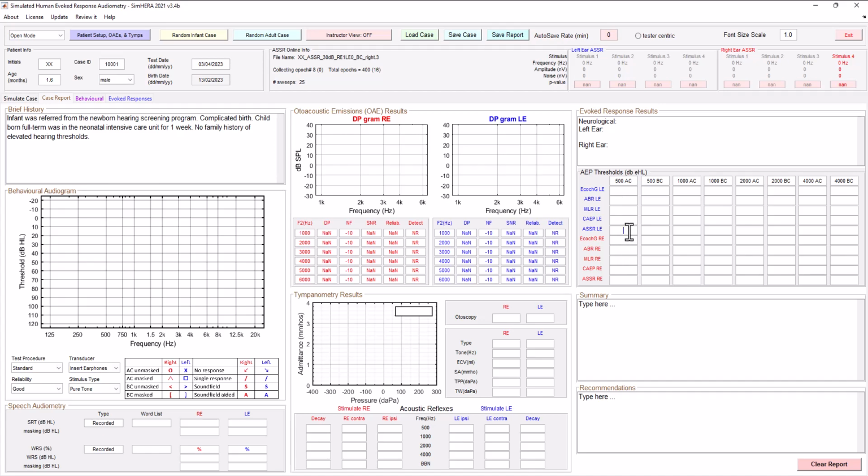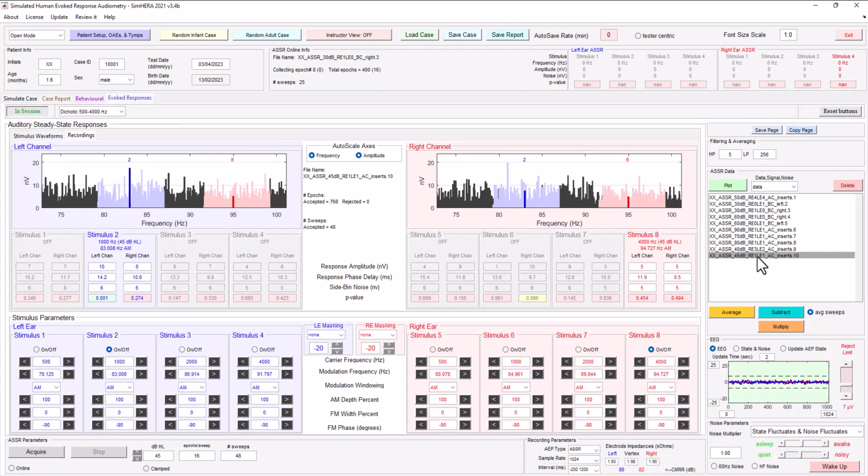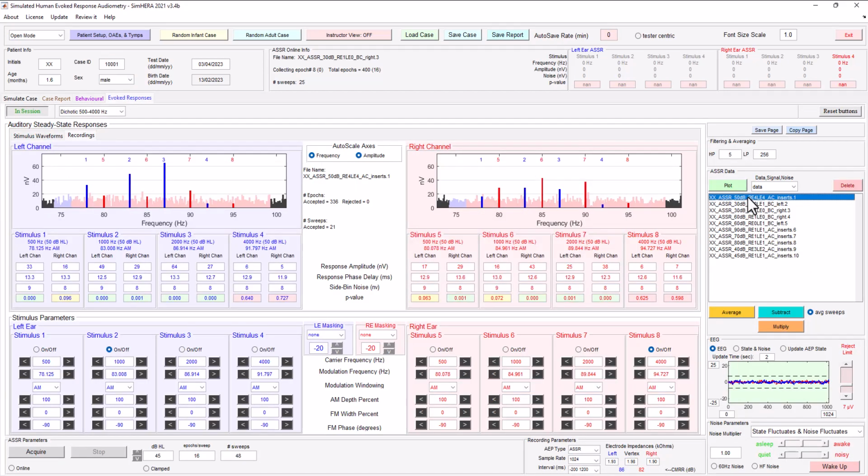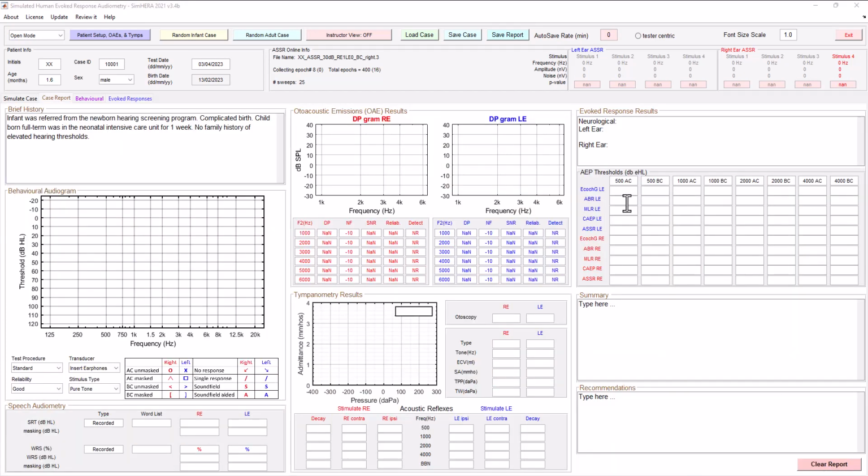We have in EHL, so we've got to actually correct for that, and the response correction for 500 is minus 15 dB. So that would be less than or equal to 35 for both left and right. And then for the 1,000, it's minus 10, so that's less than or equal to 35.